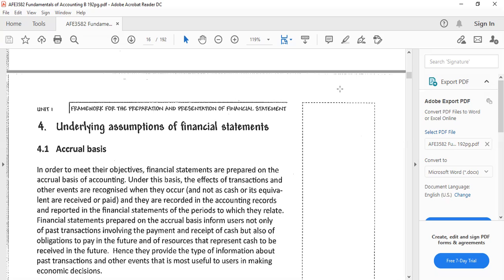Now the 2,000 that you did not pay is the accrued expenses. So in your income statement, you record the full amount, and then you recognize your accrued expenses in your balance sheet. And you know that accrued expenses are, what kind of account is that? What type of account is accrued expenses?